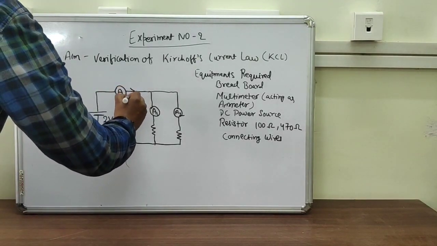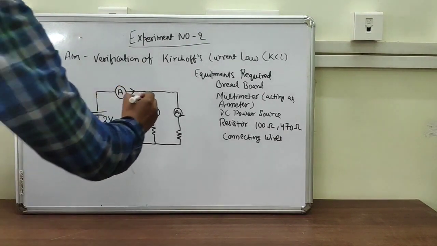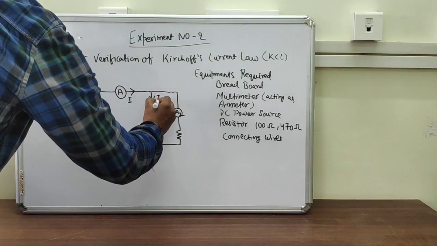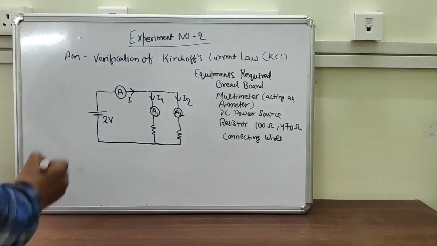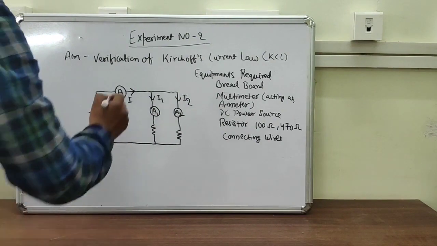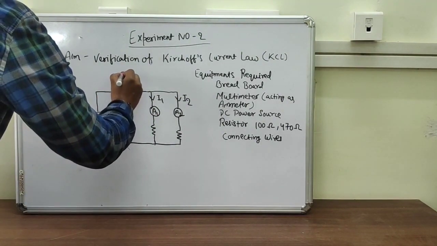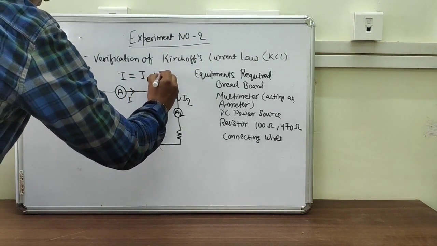Suppose current I is flowing at this point, I1 is flowing through this one and I2 is flowing through this one. Now, according to Kirchhoff's current law, we have to prove that I is equal to I1 plus I2.